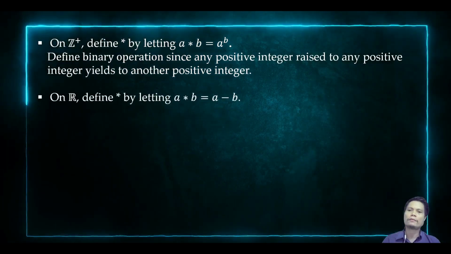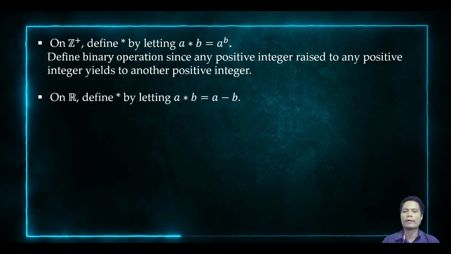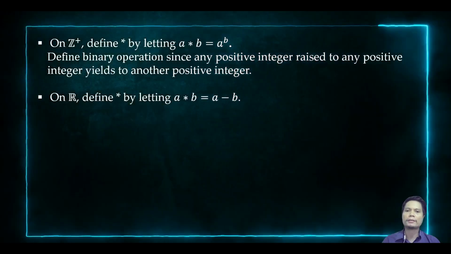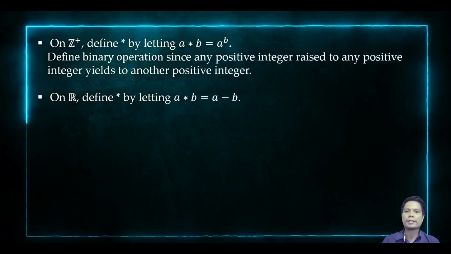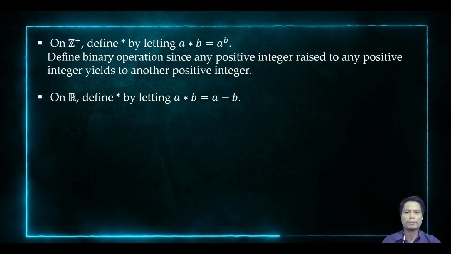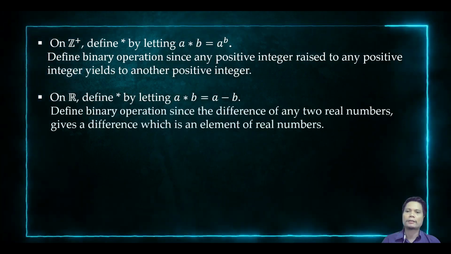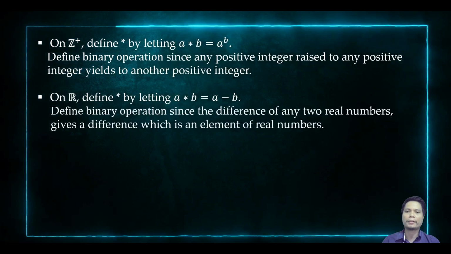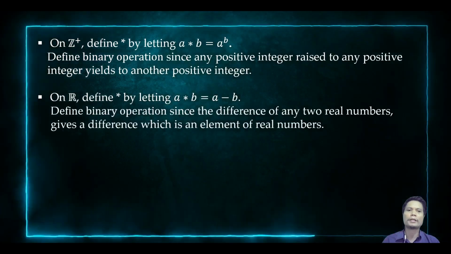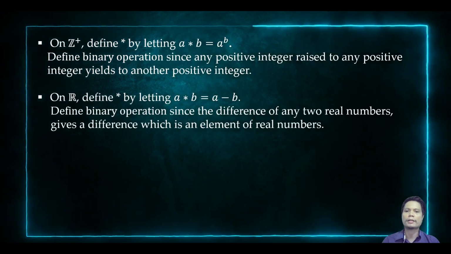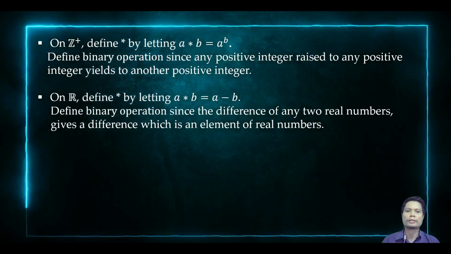On the set of real numbers, defined by letting a binary operation b is equal to a minus b. Defined binary operation since the difference of any two real numbers gives a difference which is an element of real numbers.